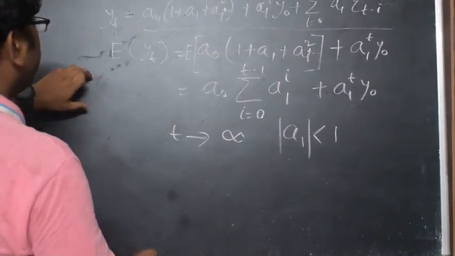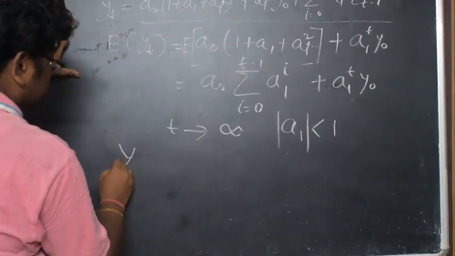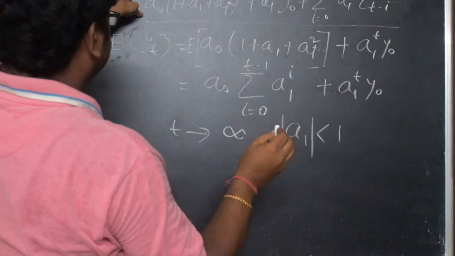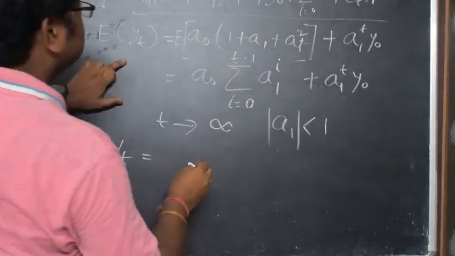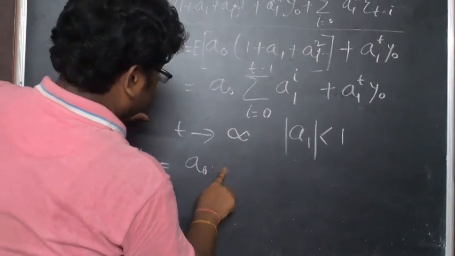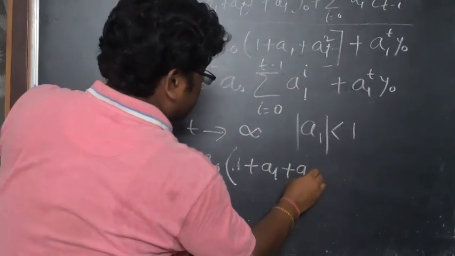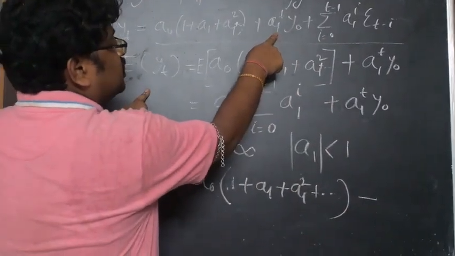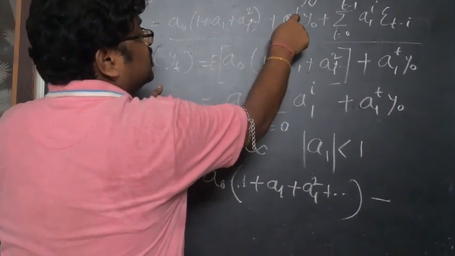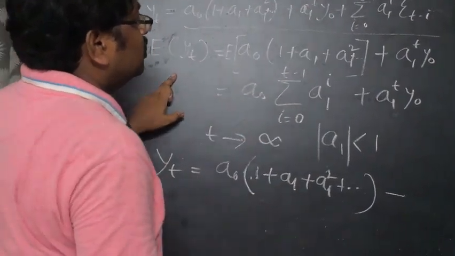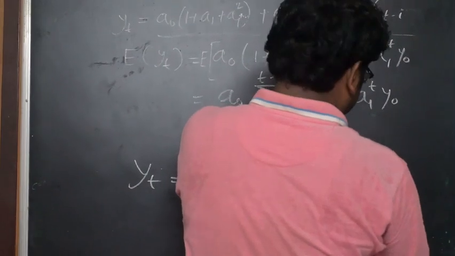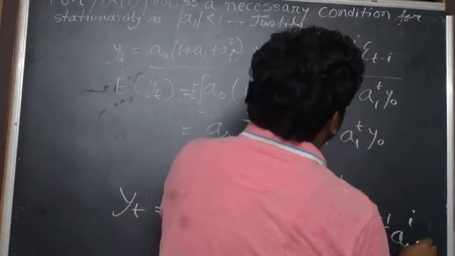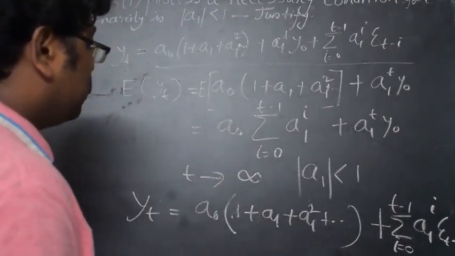From this we can have yt equal to a0 times (1 plus a1 plus a1 square plus ...). If a1 to the power t goes to infinity, then this part will be 0, and we have only this part plus the summation i equal to 0 to t minus 1 of a1 to the i epsilon t minus i.